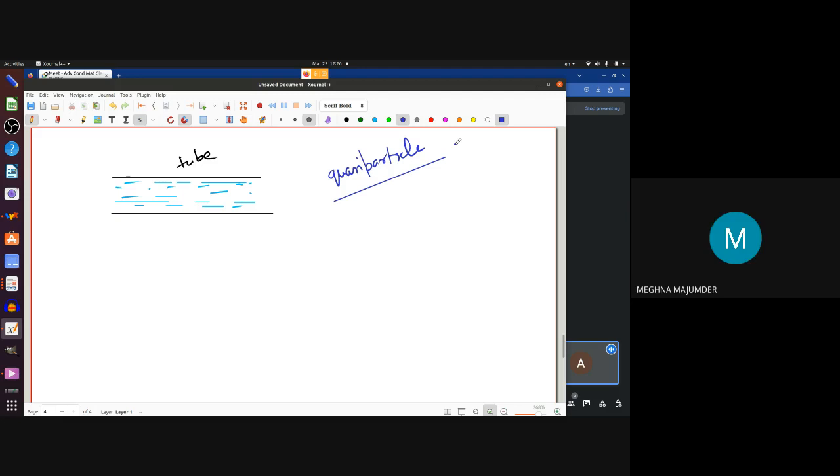Or maybe you will. These are also quasi-particles. These are not real particles, but they behave almost like point particles for most purposes. Okay? When the ground state of an interacting system is excited, the low-lying excitations are basically things which behave like particles. Okay?